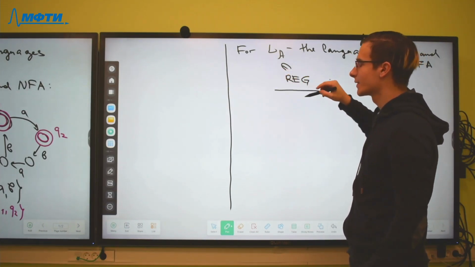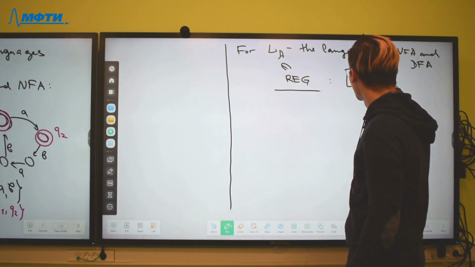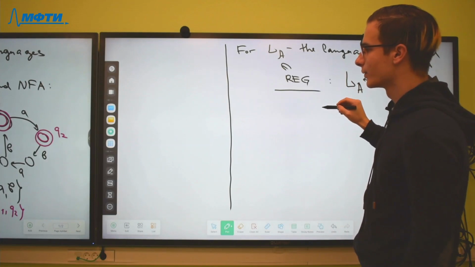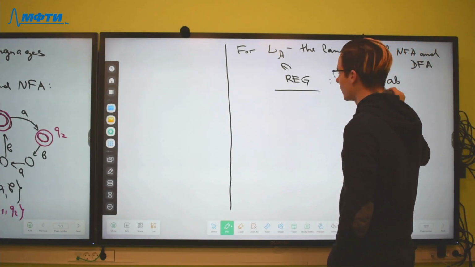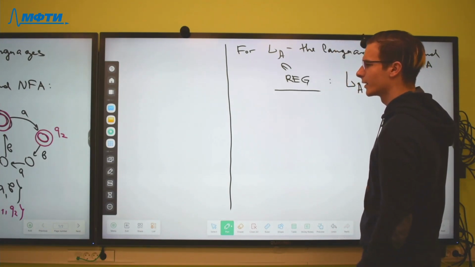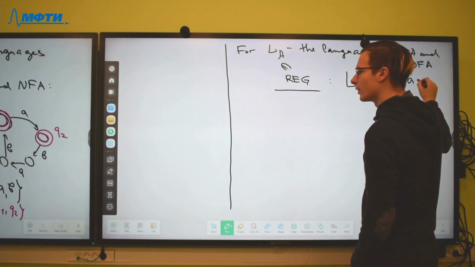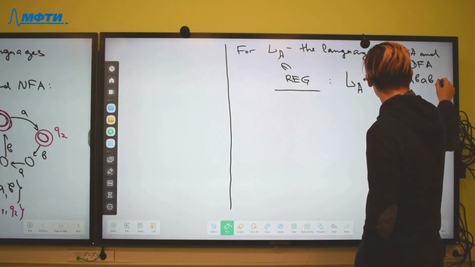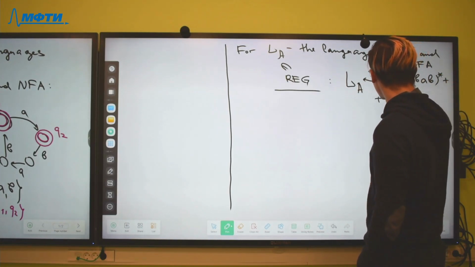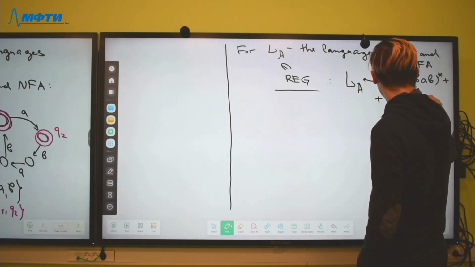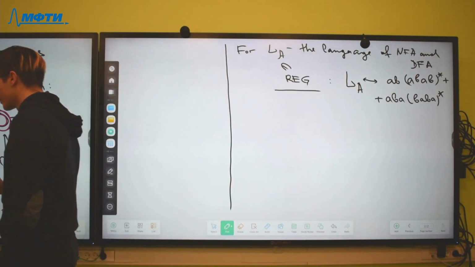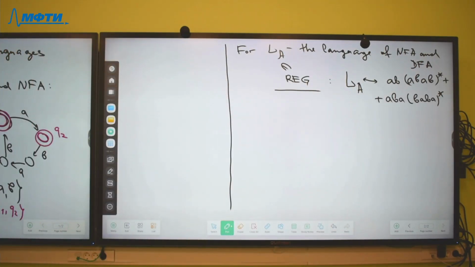For this automaton, I can say that the regular expression of this language is AB, and then we can repeat ABAB, plus ABABAB. So this language is equal to this regular expression.